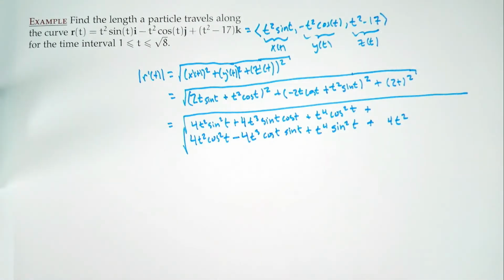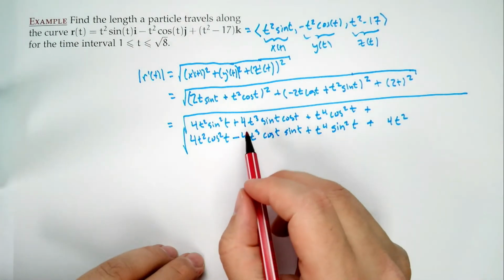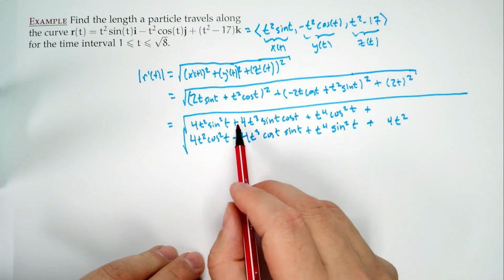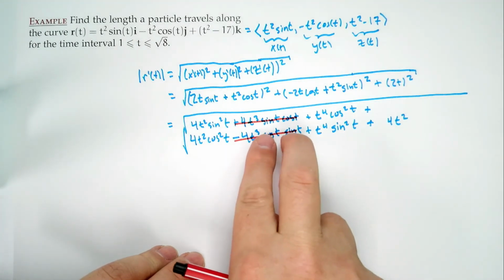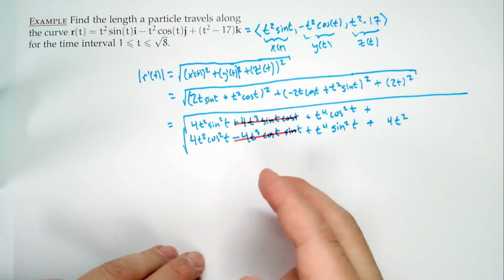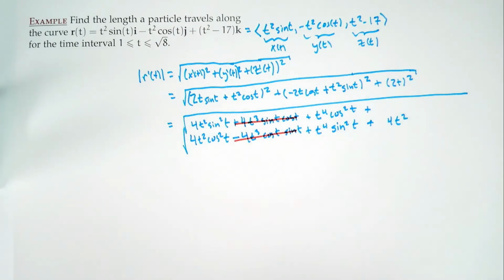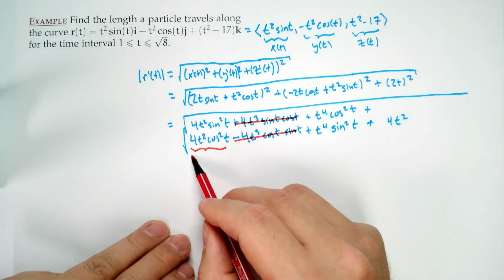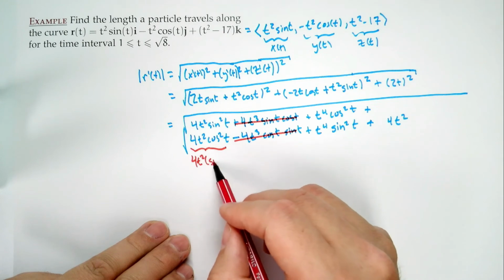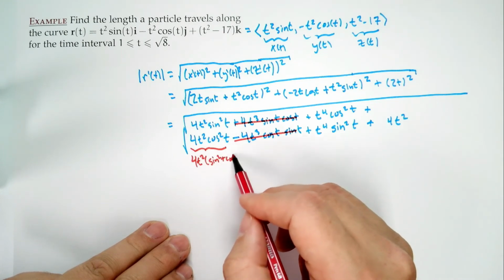Good. Now, if we're good people, we've been living a good, clean algebra lifestyle, nice things should happen. Well, nice things do happen. These cancel out. Because the only thing that's different is the sine times cosine versus cosine times sine. Same thing. Okay. But even more happens. Notice here, you can pull out a 4t squared, then you get sine squared plus cosine squared.